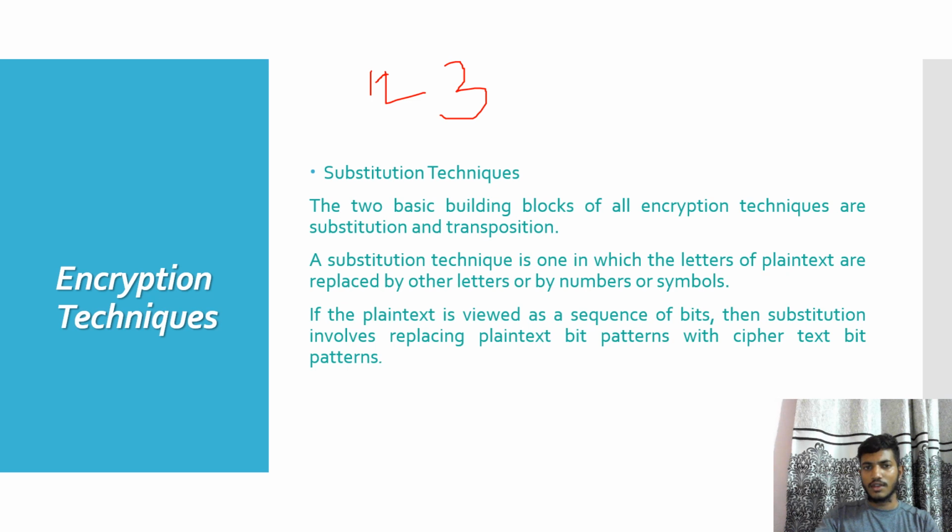So 1 is A, 2 is B, and 3 is C. Like this, we are substituting to get a ciphertext. So ABC is a ciphertext now. If the plain text is viewed as a sequence of bits, then substitution involves replacing plain text bit patterns with ciphertext bit patterns. So 1, 2, 3 is the plain text, and ABC is the ciphertext.